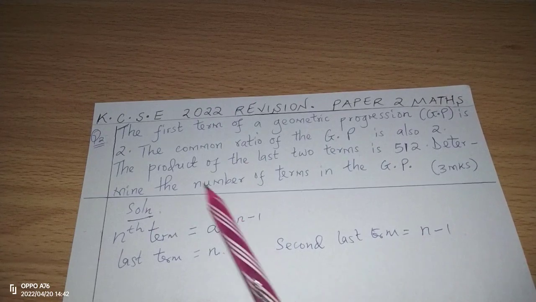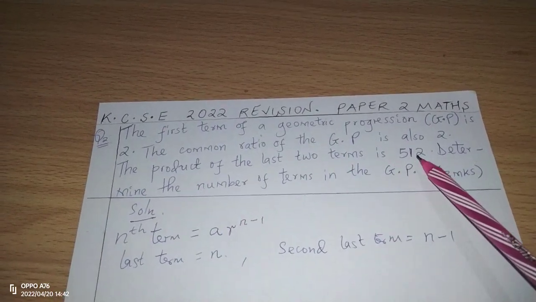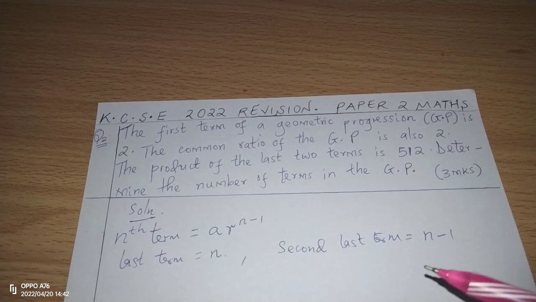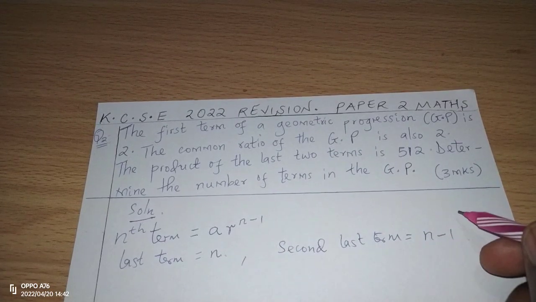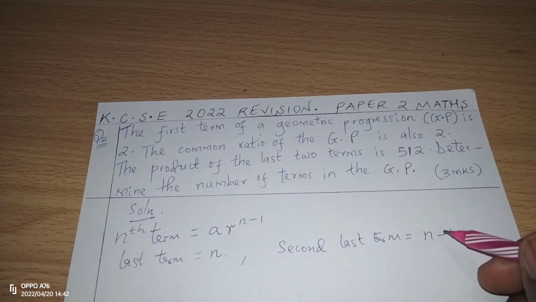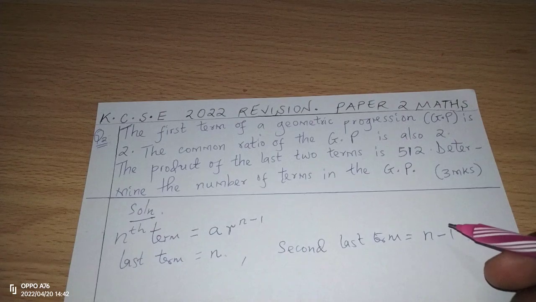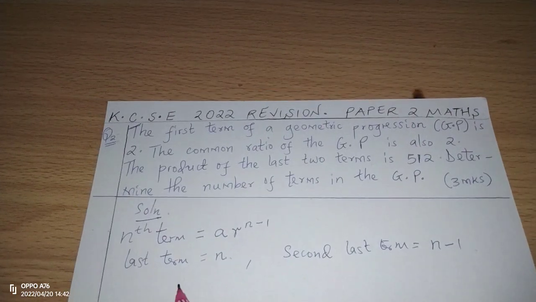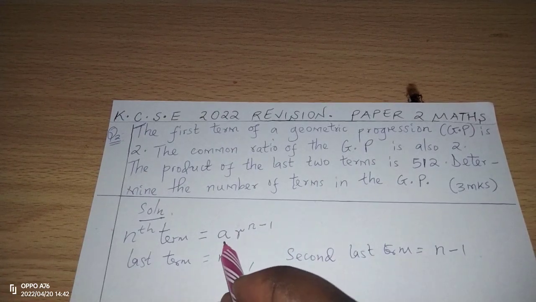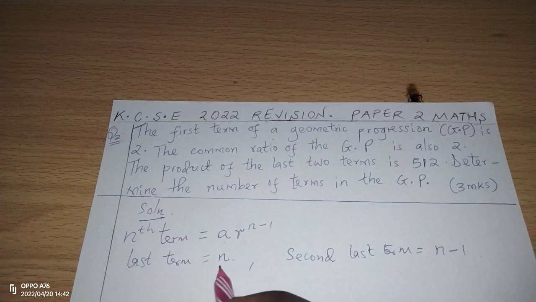So in this case, we are told the product of the last two terms, which means the last term, which is n, and the second last term, which occupies position n minus 1. The product of these two terms is going to be 512. Therefore, we pick the last term according to the formula.